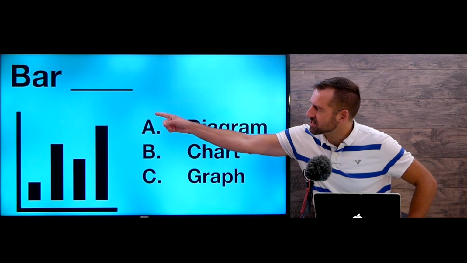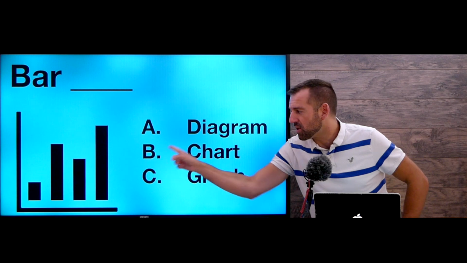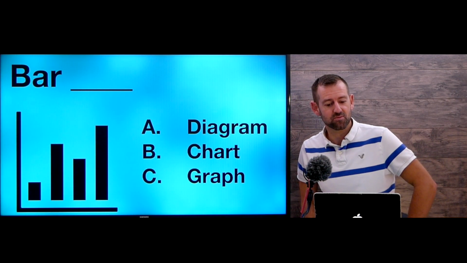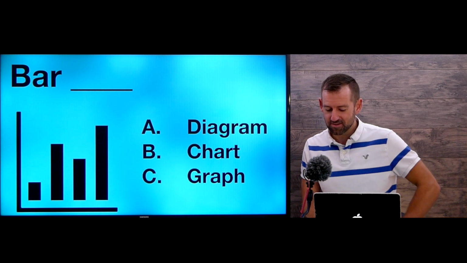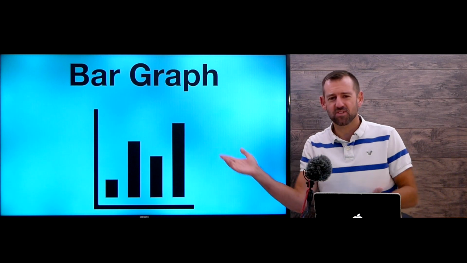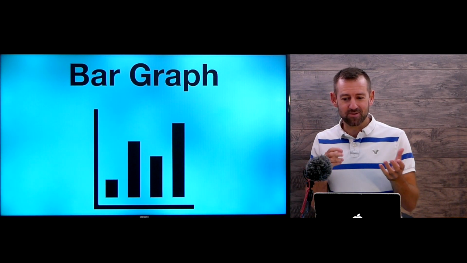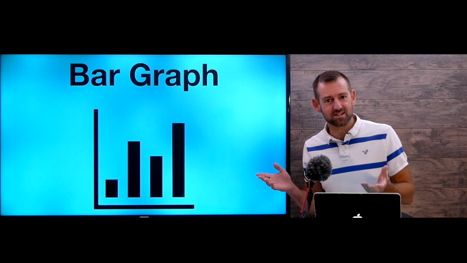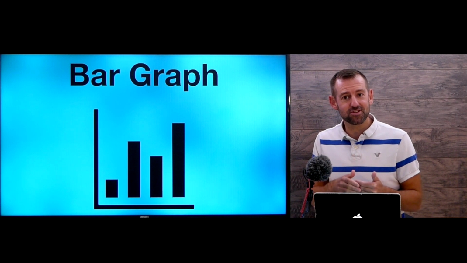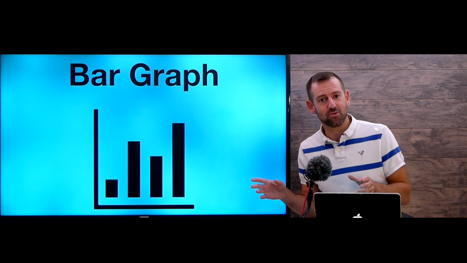All right, let's look at the next one. A bar, what is that? Is it a bar diagram, a bar chart, or a bar graph? What do you think? Well, it is a bar graph. How would you know the difference between these? Is it a diagram? Is it a chart? Is it a graph? Well, you just have to learn these, and then maybe you can start predicting the right answer.